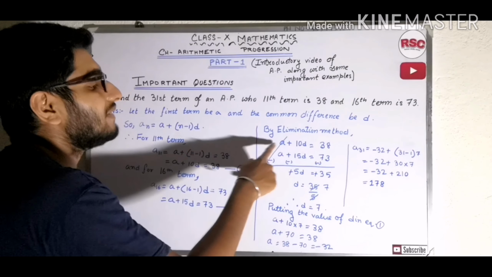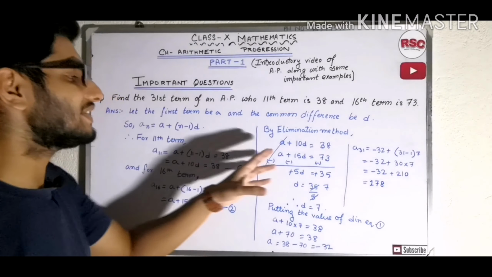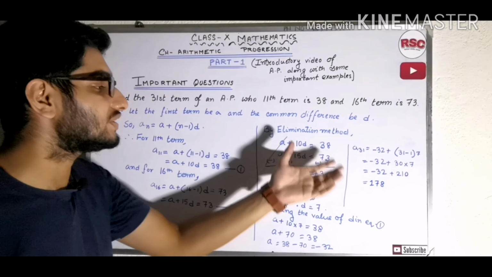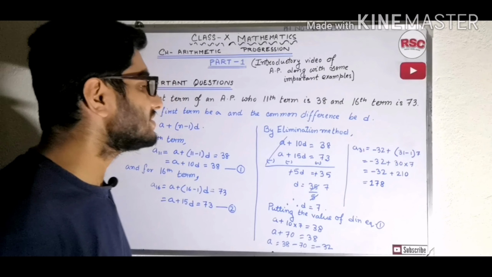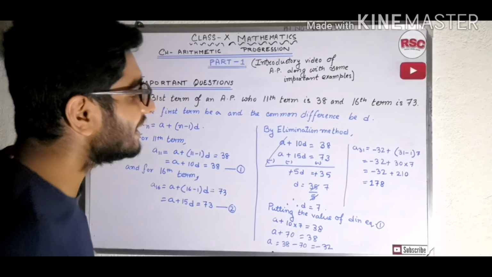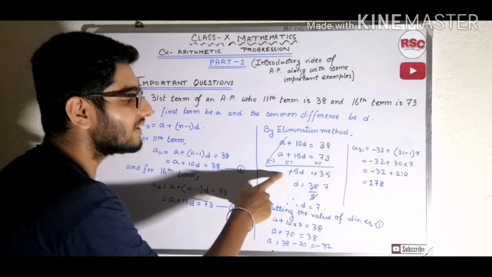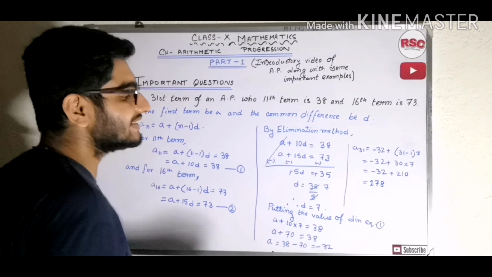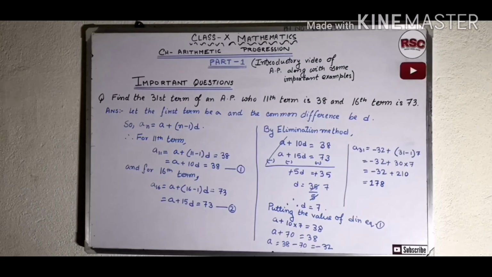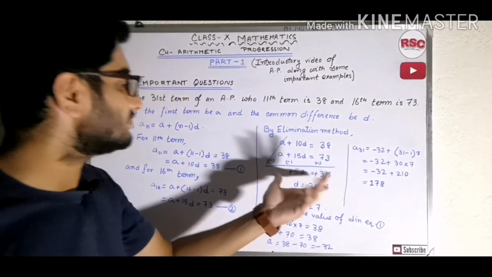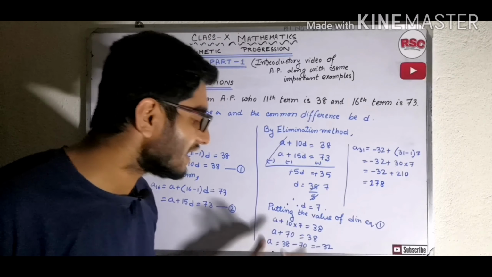So a plus 10d equals 38, which was the first equation, and the second equation is a plus 15d equals 73. Now I have changed the sign so that a gets eliminated, and 10d minus 15d is minus 5d, and 38 minus 73 is minus 35. Cancelling the negative signs, the value of d becomes 7.